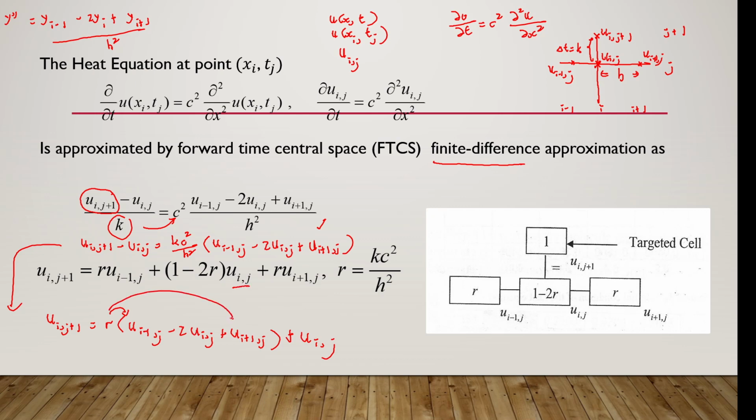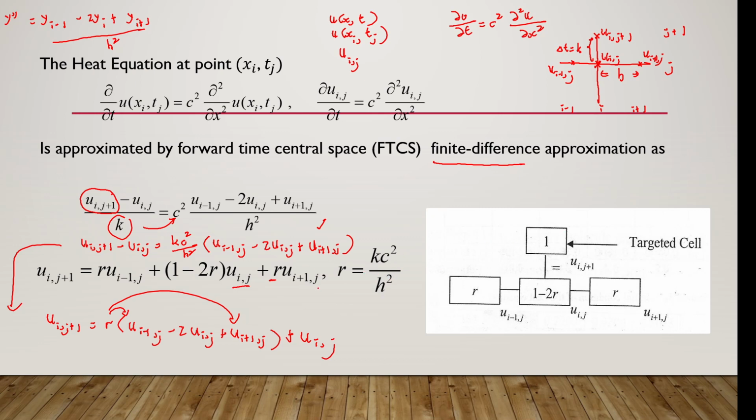And then for u_i+1,j the coefficient is r. So after you substitute the time derivative using 2-point forward difference and the space derivative using 3-point central, simplify, you will arrive at u_i,j+1 equal to r u_i-1,j plus (1 minus 2r) u_ij plus r u_i+1,j, where r is actually k c squared over h squared.